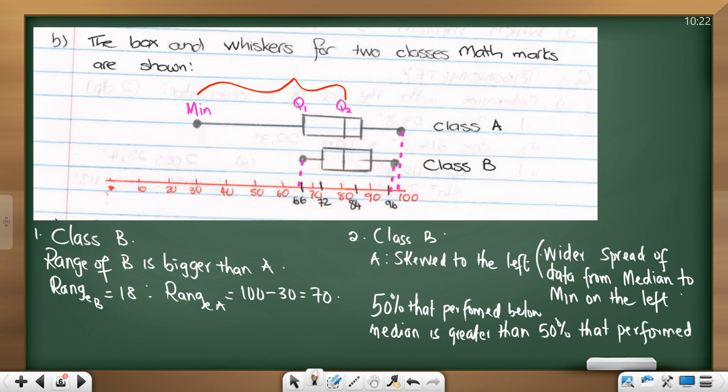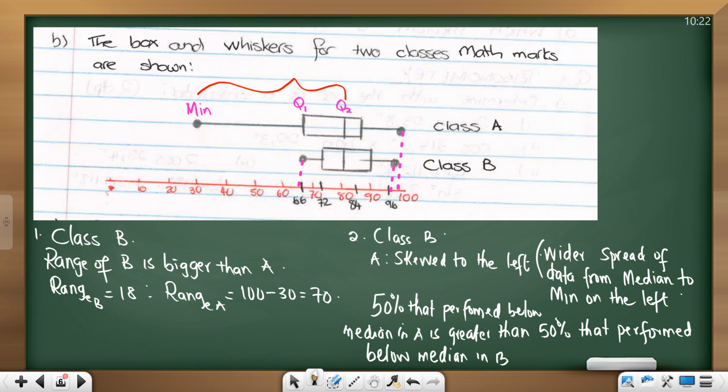Below median. Does that make sense to you?